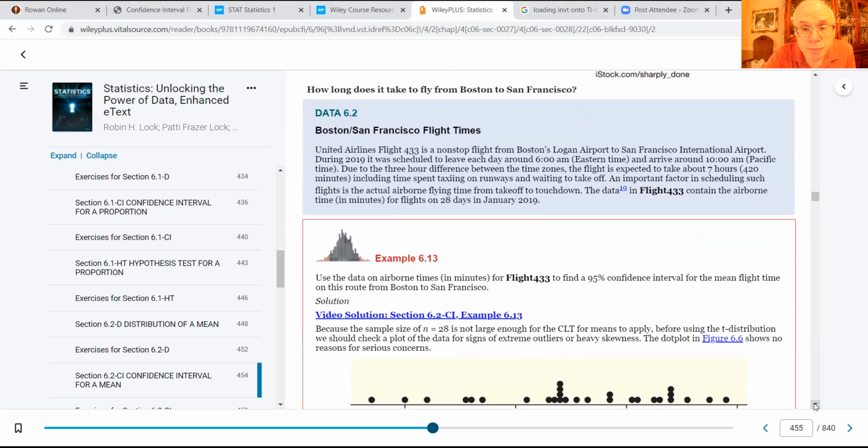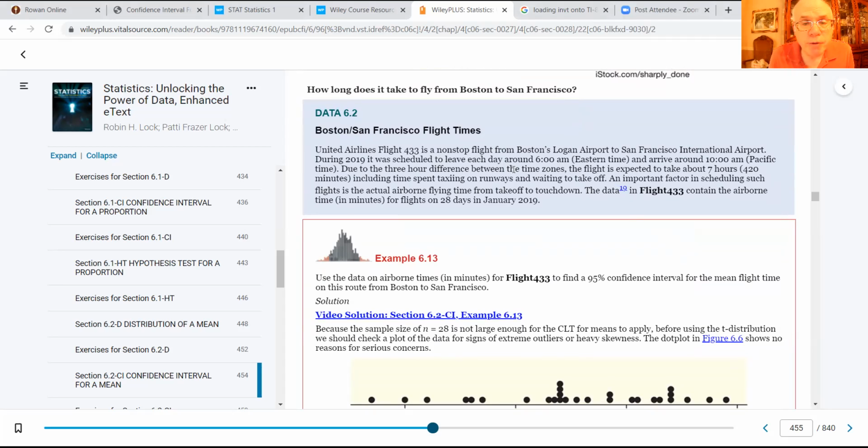So it says here, United Airlines Flight 433 is a nonstop flight from Boston's Logan Airport to San Francisco International. During 2019, it was scheduled to leave each day around 6 a.m. and arrive around 10 a.m. Pacific time.